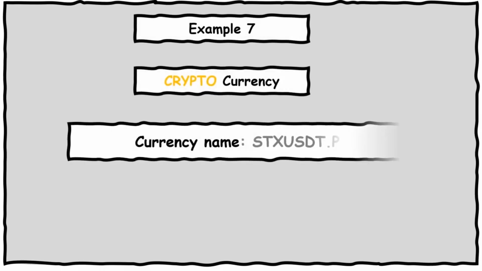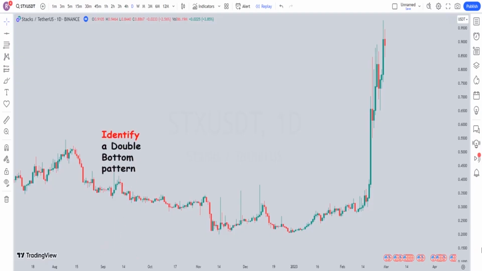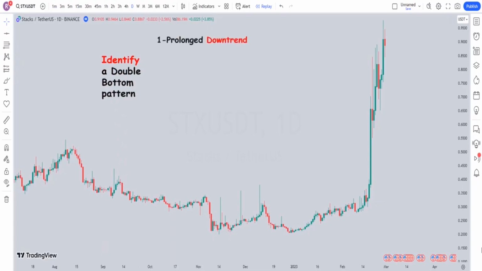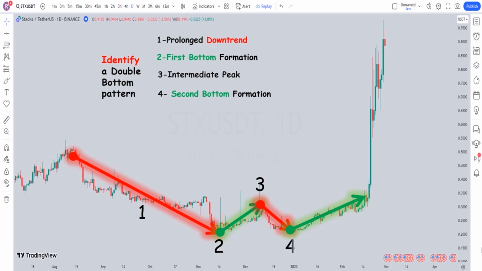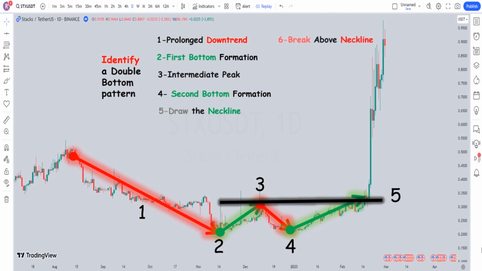7, currency name STS.P. Identify a double bottom pattern. 1, prolonged downtrend. 2, first bottom formation. 3, intermediate peak. 4, second bottom formation. 5, draw the neckline. 6, break above neckline.